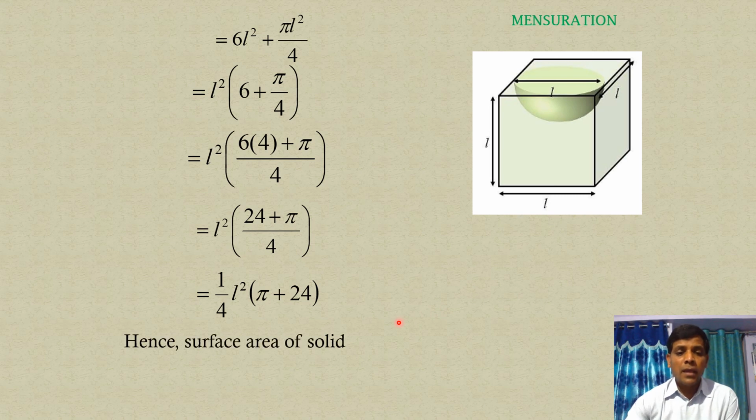Conclusion: hence the surface area of the solid is equal to 1 by 4 into L square into pi plus 24. Okay children, in the next section we will discuss some questions on combination of solids. Thank you.